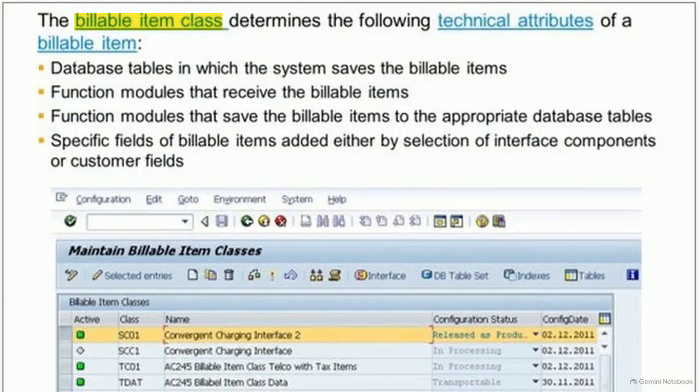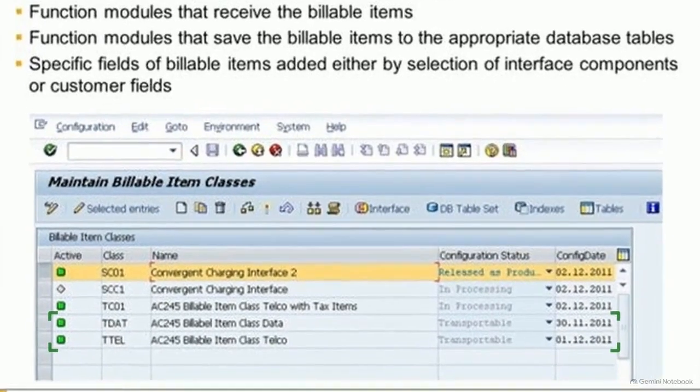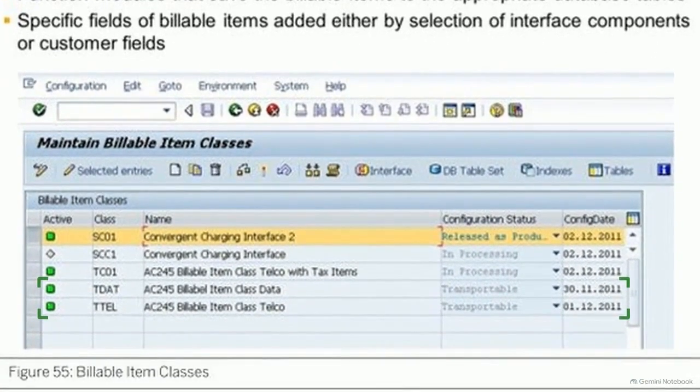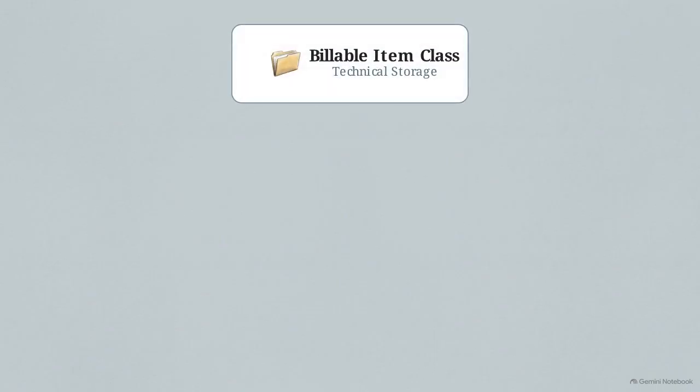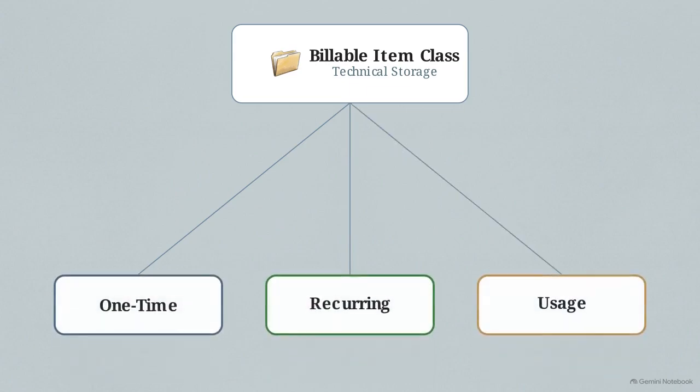Configuration inside Convergent Invoicing starts with the Billable Item Class. In this SAP GUI list, we see active entries like TData and TTEL. These classes provide a technical skeleton, dictating exactly which database tables and function modules will store the incoming items. But a database table doesn't tell us what the charge actually means. To define business significance, we branch down from the class to define the billable item type.